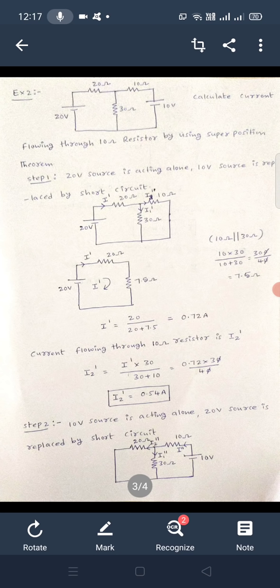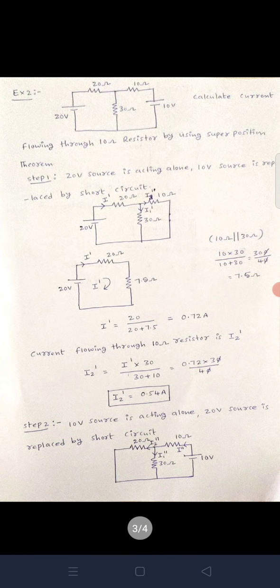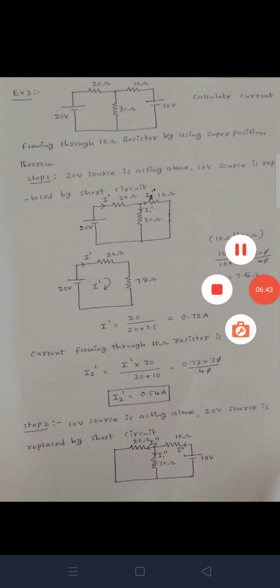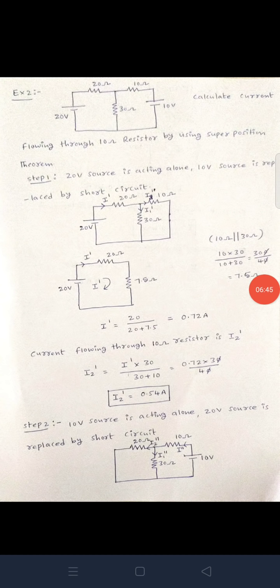When two resistors are connected in parallel, R equivalent is R1 into R2 by R1 plus R2. Using the same formula here, 10 into 30 by 10 plus 30, you will get R equivalent is 7.5 ohms. This is in series with the 20 ohm resistor.